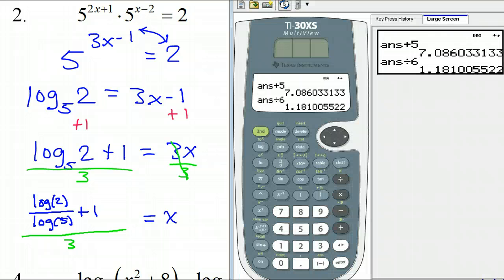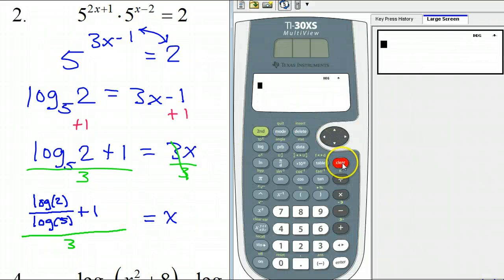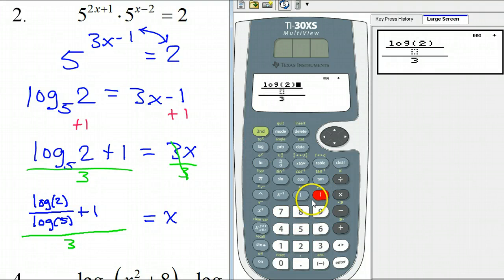Alright, so now we're ready to type this in our calculator. Now I like to type it all in at once, like this. Now you see that 3 is in the denominator, so there's 3. Now in the numerator I have a fraction. This blue stuff starts with a fraction. So now I can do my log 2 and then over log 5.